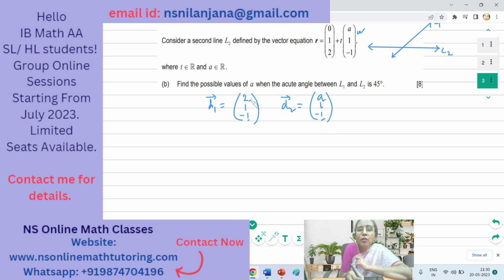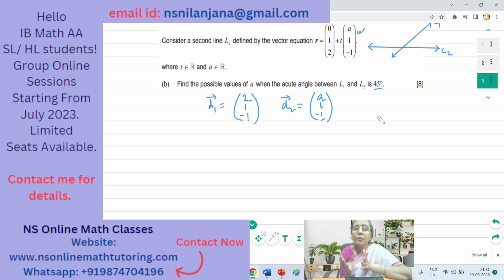If a is equal to 2, then d1 will be equal to d2. The direction of the two lines will be the same. That means the two lines will be parallel or they will be coincident. But if the two lines are parallel, then you will not have an acute angle between them, and they are not coincident as well.